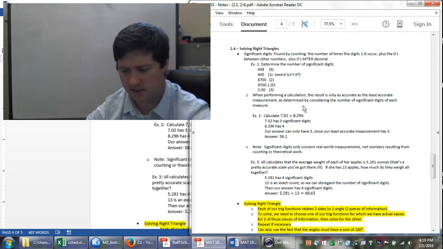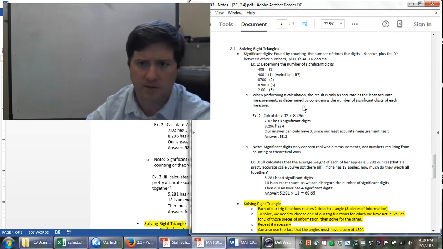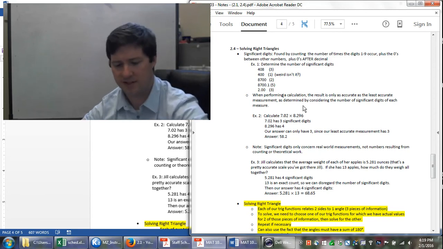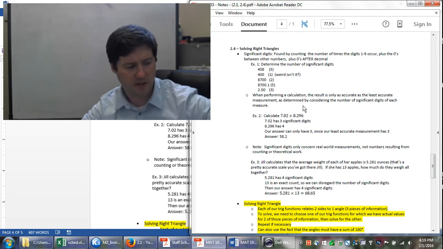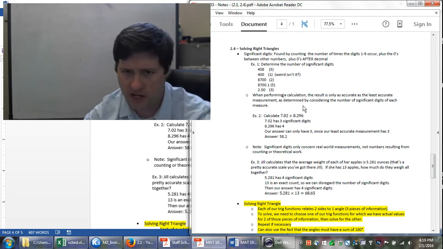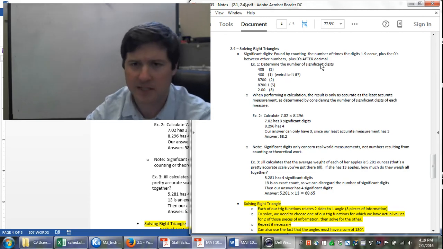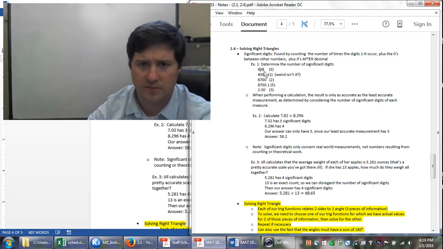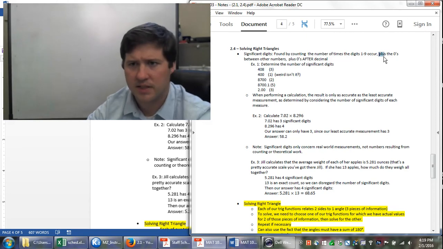So other things like counting numbers or numbers derived theoretically, things like the number pi, a ratio of the circumference of a circle to the diameter, we call a theoretical value. It's a fixed exact value. We don't take into account those significant digits, and I'll talk about that in one of our examples here.